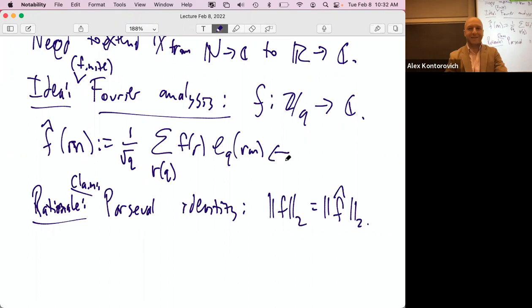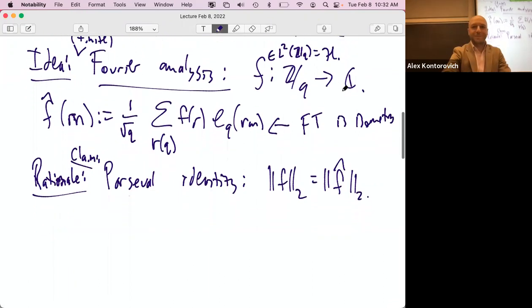This normalization makes the Fourier transform an isometry. It measures the length of f as a vector in Hilbert space, L2. So f is in L2 of Z mod q. This is our nice finite dimensional Hilbert space now.